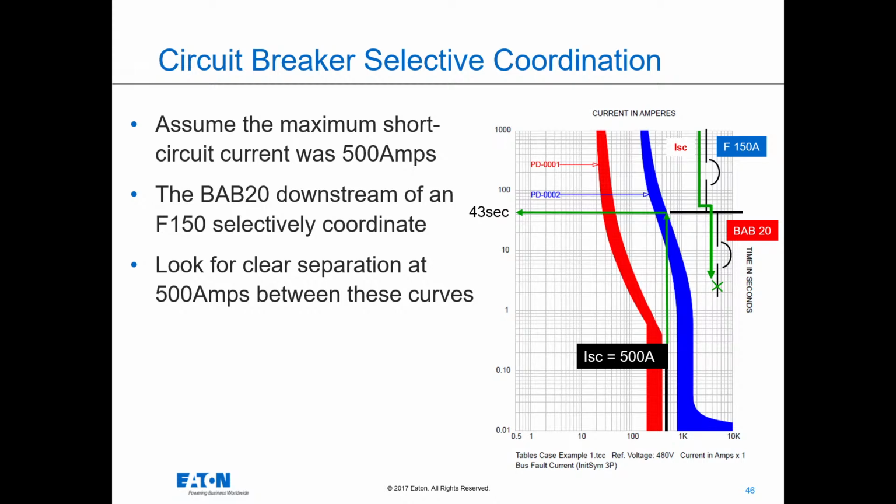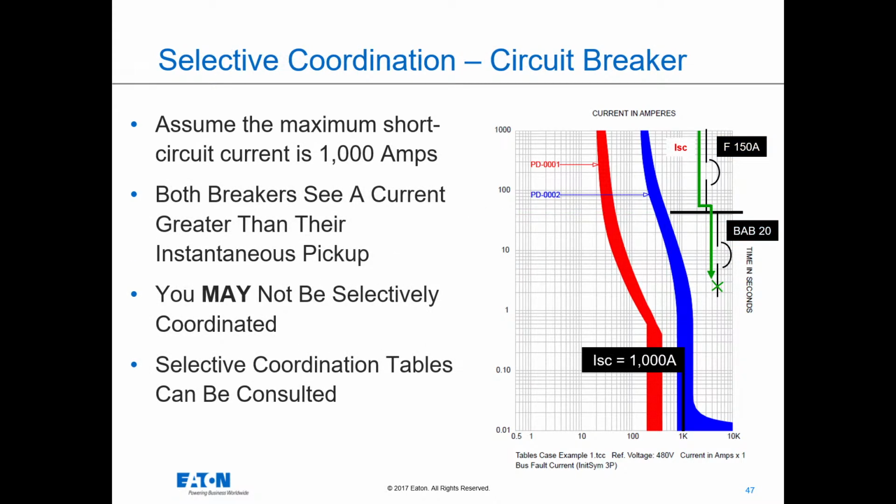But what's really critically important is to know where your fault current lies on these curves. If your fault current is high enough that both of these circuit breakers' instantaneous regions see the fault current, then you need to go to the tables.